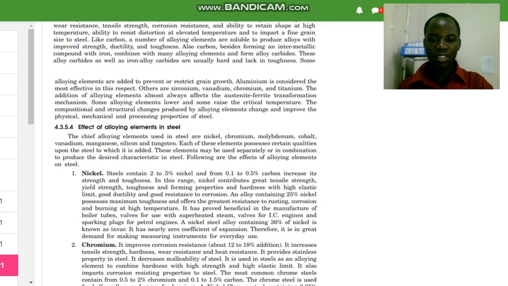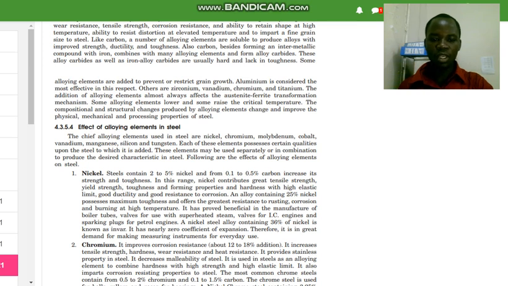Each of these elements imparts certain qualities to the steel to which it is added. These elements may be used separately or in combination to produce the desired characteristics in steel. So the following are the effects of alloying elements on steel.